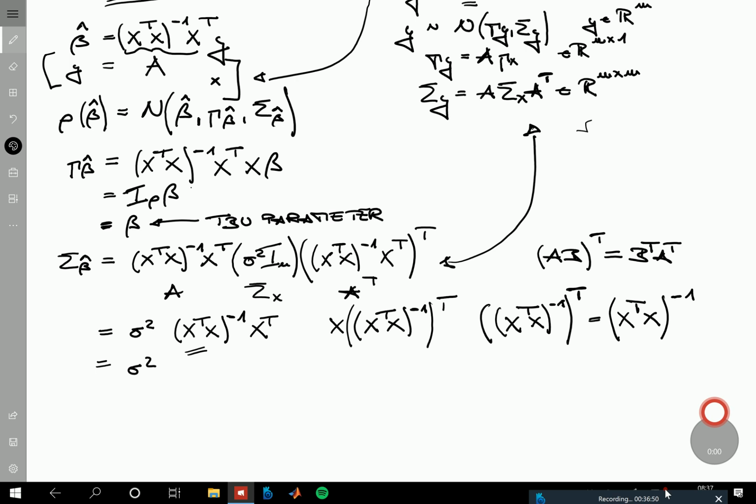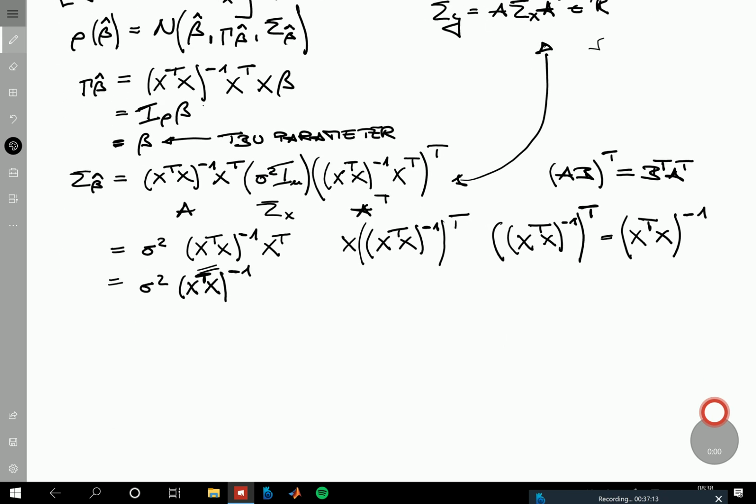Then you have the inverse, also symmetric, and then the transpose of that is the same thing. So you can get this from basic matrix properties. It's not immediately clear, so this is why I'm introducing this on the fly, and we end up with this.